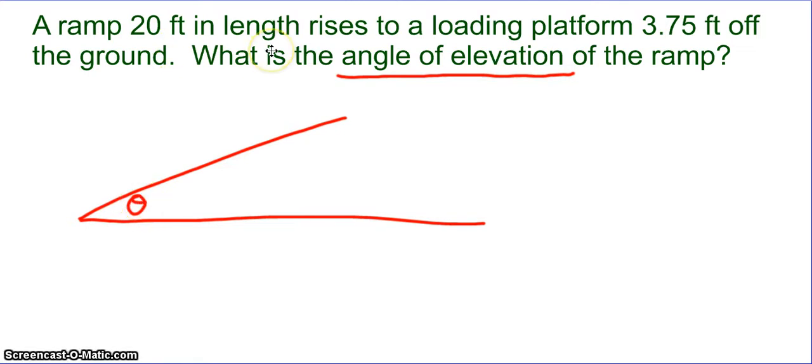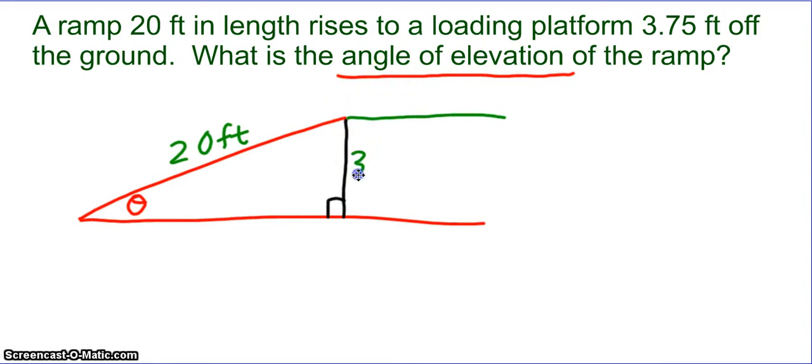So the ramp is 20 feet in length. So I'm going to say that this is the ramp and that's the 20 feet. Rises to a loading platform 3.75 feet off the ground. So then you're going to have some platform up here.